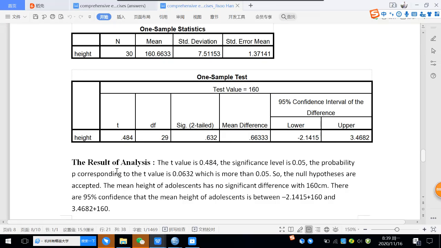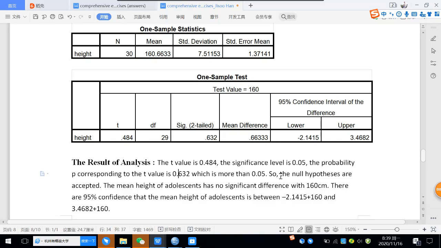Okay, so let's look at the students' results. Here, the data is wrong, okay? It's not 0.6, it's 0.632.